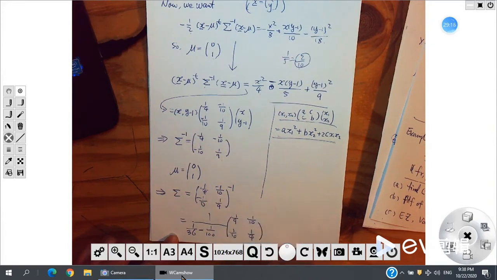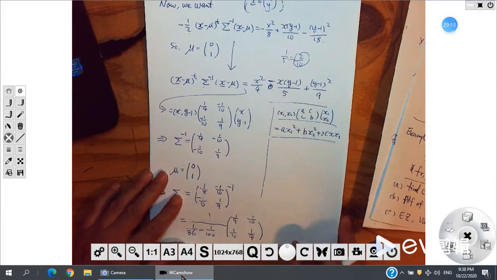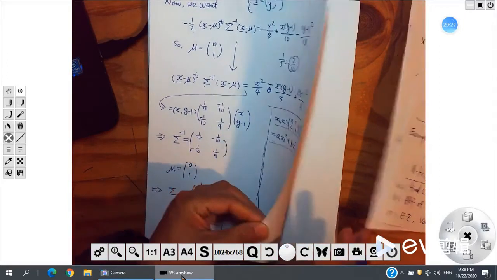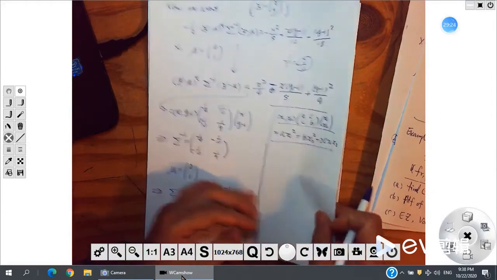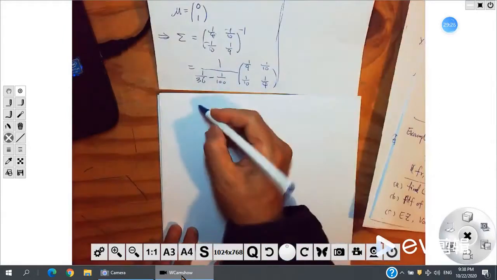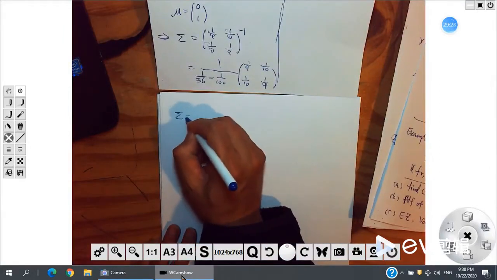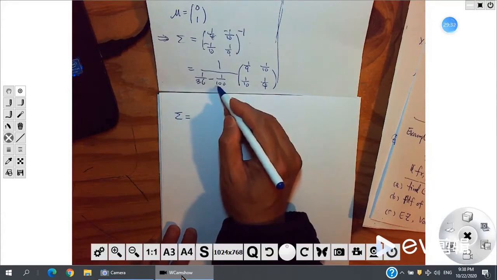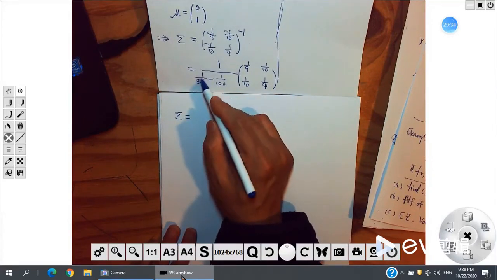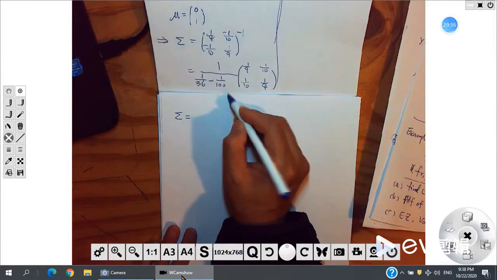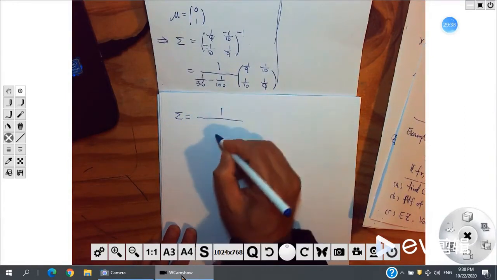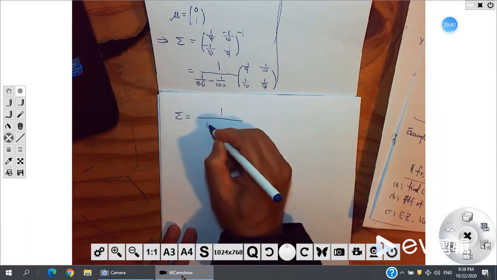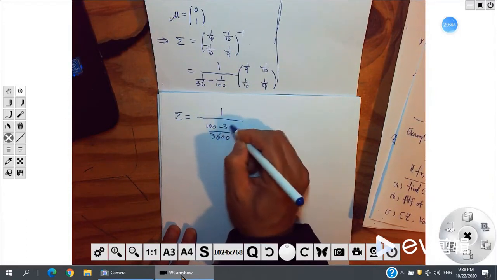Okay, so this is the sigma, and next page. So sigma equal to, this is what it is, 1/36 minus 100. So I can write these as 3600. Here's 100 minus 36, right?